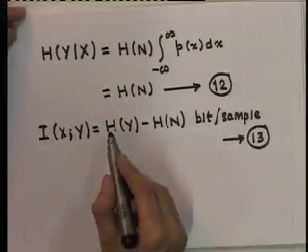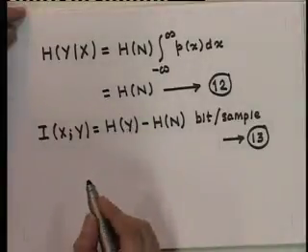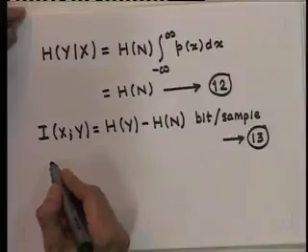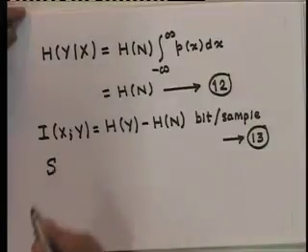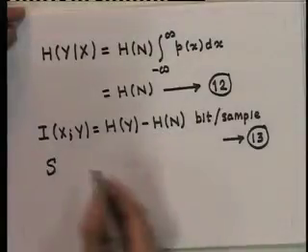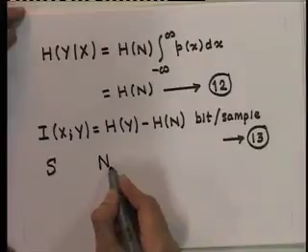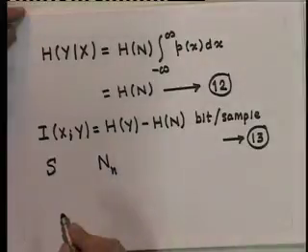We have assumed that the mean square value of the signal x(t) is constrained to have a value capital S, and the mean square value of the noise is denoted by N_n.